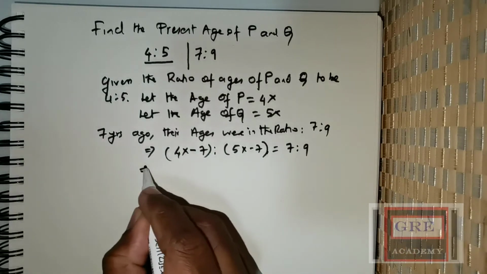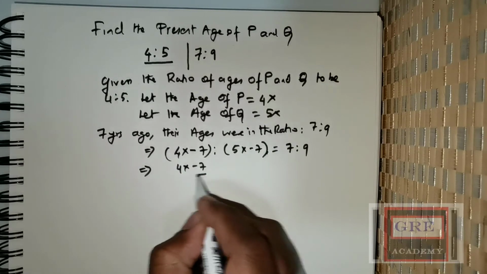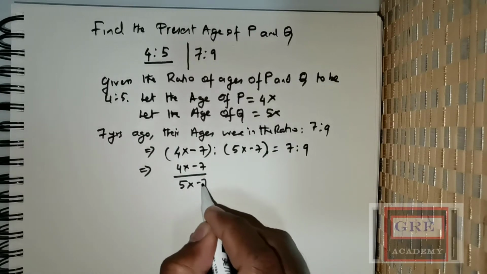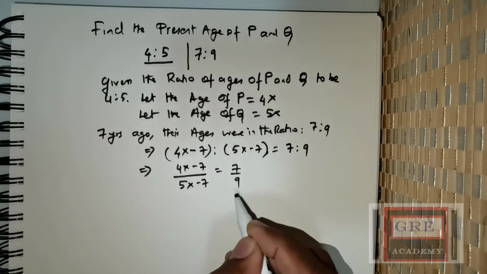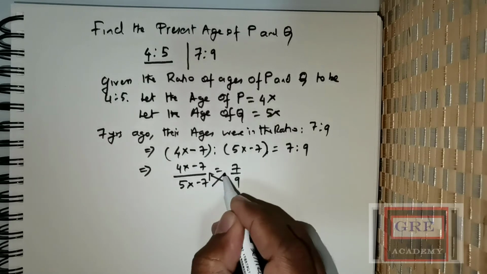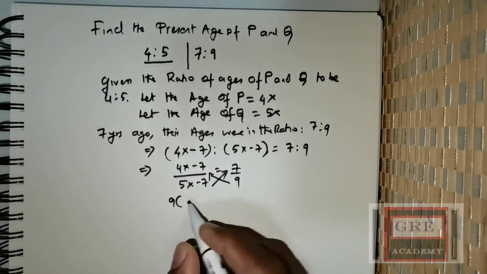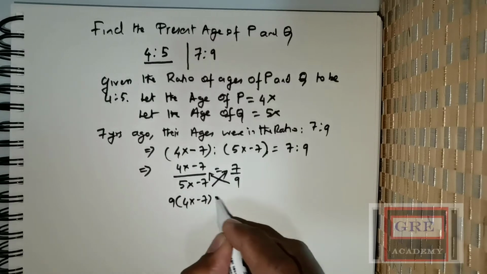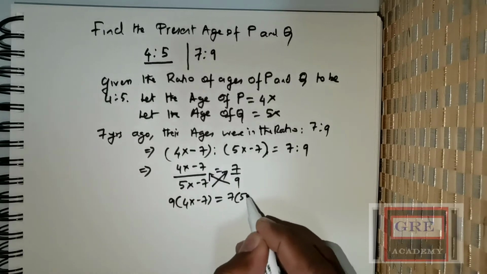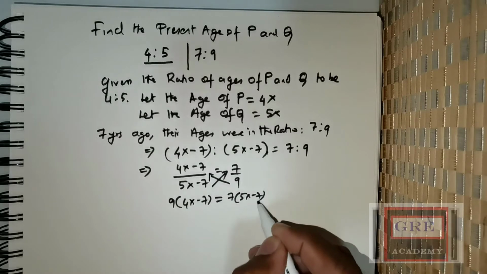So from here we can rewrite this as 4x negative 7 divided by 5x negative 7 is equal to 7/9. We cross multiply, we get 9 times 4x negative 7 is equal to 7 times 5x negative 7.